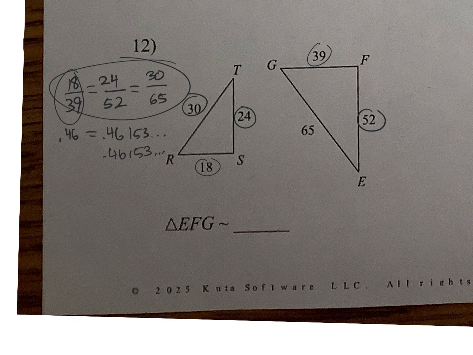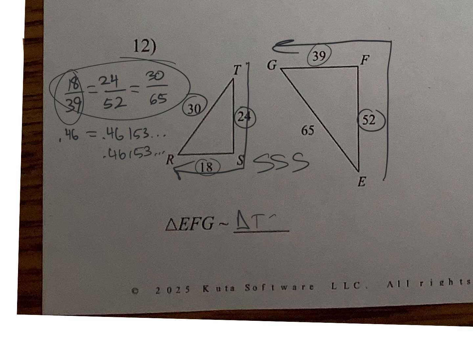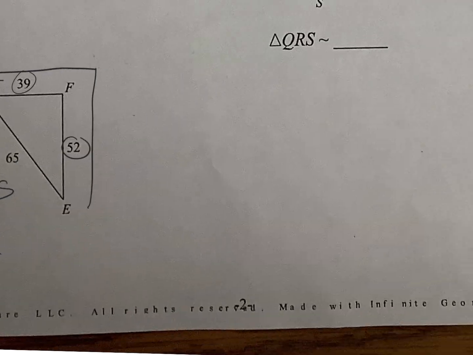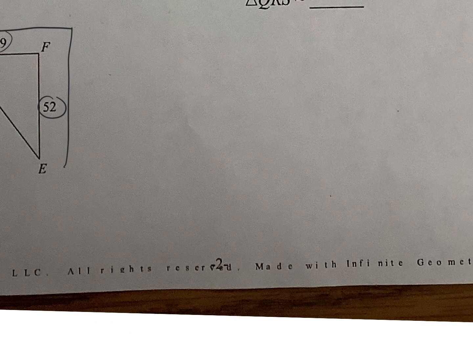All right, so this is side, side, side. Now, how do they go together? EFG. So E through the middle number through the smaller number, so this would be triangle T through the middle number to the smaller number, TSR. Let's go to the next page.